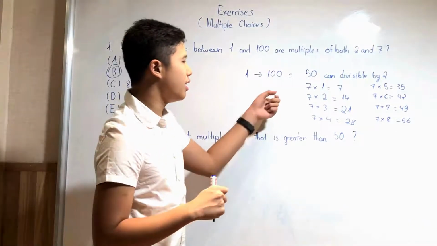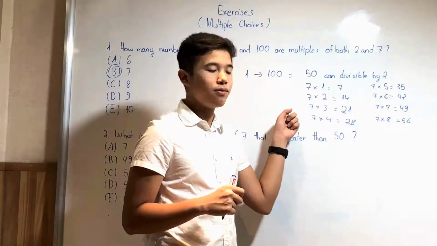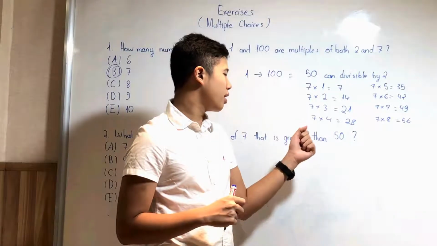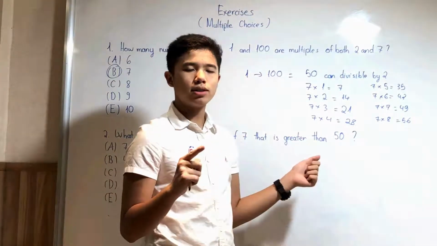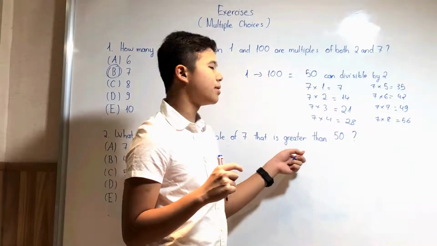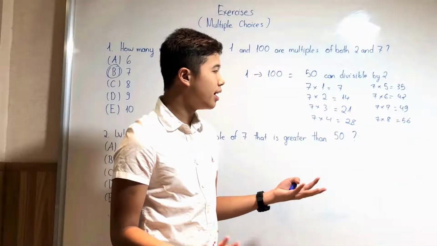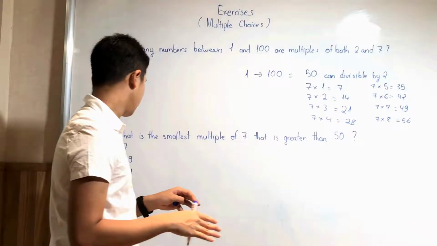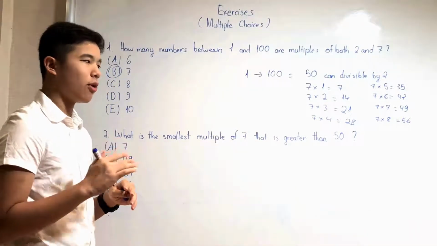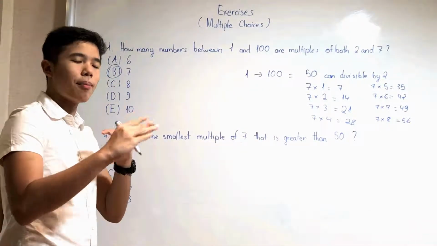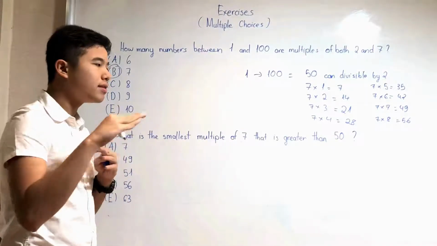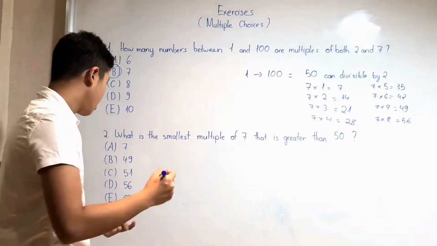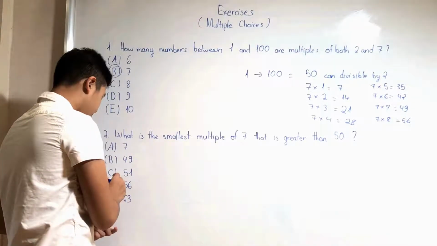We look at the multiples of 7 right here, and find the smallest number above 50 that is divisible by 7. That is 7 times 8, which is equal to 56. So 56 is our right answer because it's just above 50. It's the smallest number greater than 50 that is divisible by 7. So we're going to choose 56.